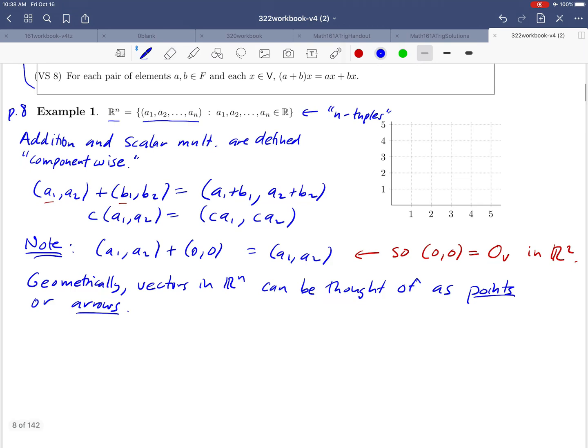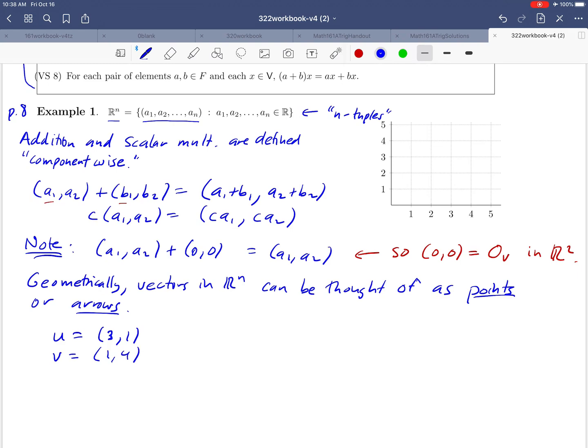Okay, I want to just do a quick example to illustrate that. You may remember this kind of graphical way of representing vectors. So let's say, for example, that we take a vector u, that's 3, 1. We'll go to R2 again because that's easier to visualize, and v equals 1, 4.